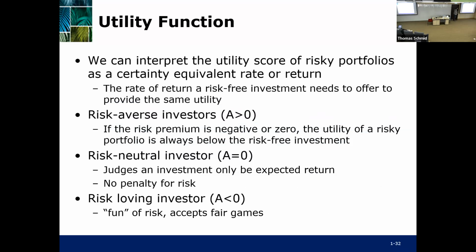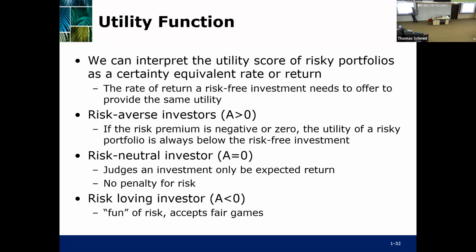So, for risk-averse investors, the risk premium is negative or 0. They would never consider it. So in that case, the utility of the risky portfolio is always below the risk-free asset. The risk-neutral investor only judges an investment based on expected returns, right? They don't look at the risk. They don't care. And the risk-loving investors have a negative risk aversion.